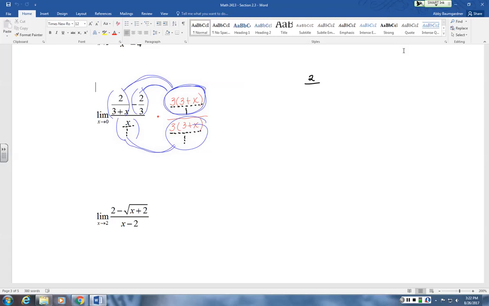I'm claiming I've got a 2 over 3 plus x, and I want to multiply it by a 3 times 3 plus x over 1. Look at what happens. The 3 plus x's cancel, and I end up with just 2 times 3, which is 6. We can forget about that number 1 down there. Then I've got this negative 2 over 3, and I want to multiply it by 3 times 3 plus x over 1.